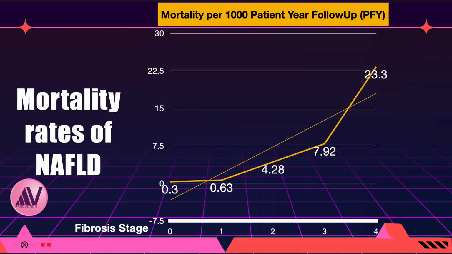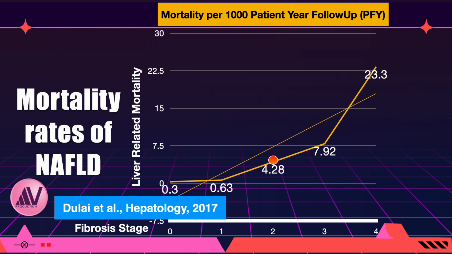The y-axis represents liver-related mortality. It is evident that the liver-related mortality rates increase exponentially from stage 2 fibrosis onwards. Consequently, stage 2 or higher patients require referral to a hepatologist for appropriate treatment. The reference for this study is given below.